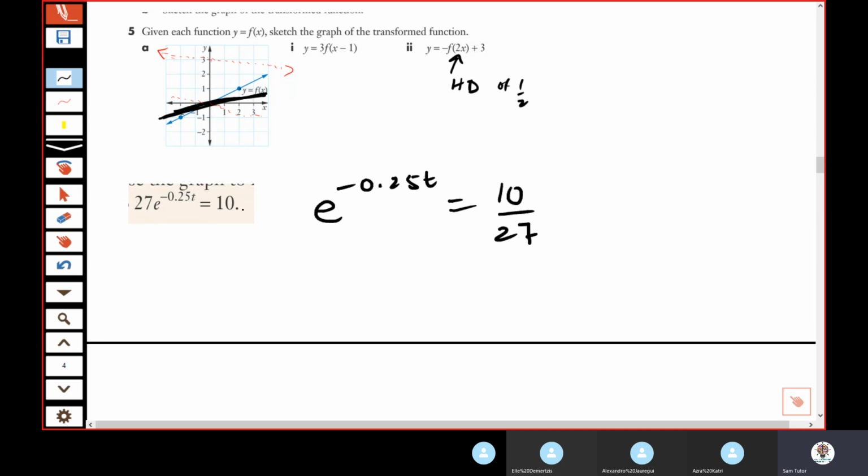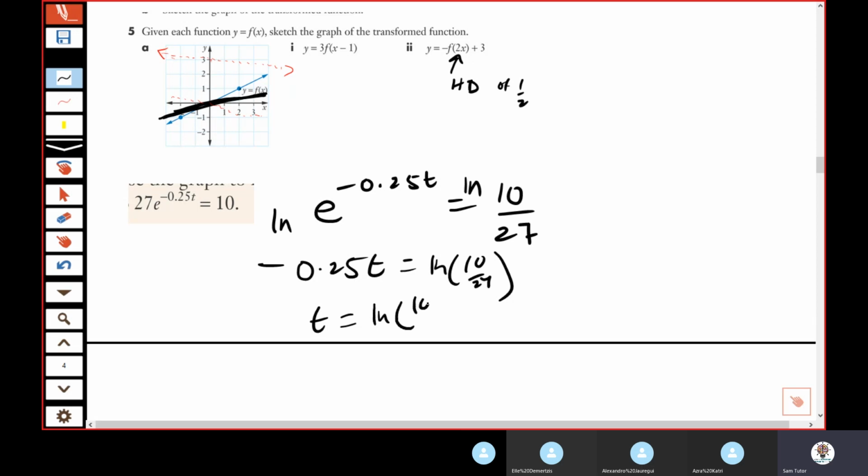That's the first thing you would do. Then you don't want the t on the top, of course, so you're going to log both sides. So when you log both sides, what do you do to the power? Powers come down. And then, of course, you divide by -0.25.